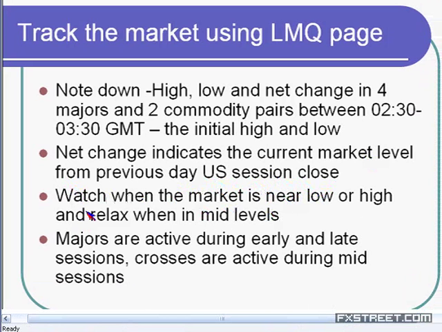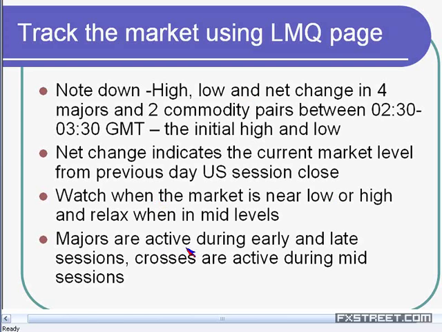That's what I explained. Then watch whether the market is near the high or near the low. If it is in the middle level, simply relax, don't initiate any trading. When they come closer to the low, you just observe whether they are trying to breach the low or just making a move up to the low before making a reversal, or up to the high and trying to make the reversal.